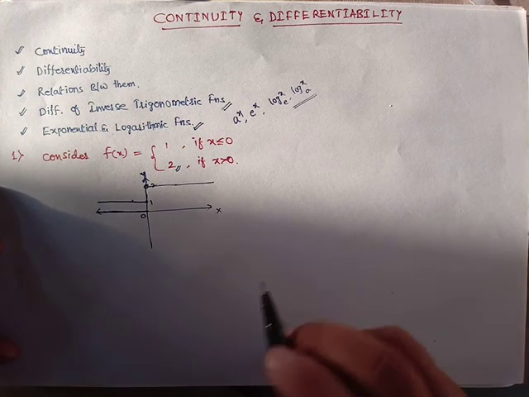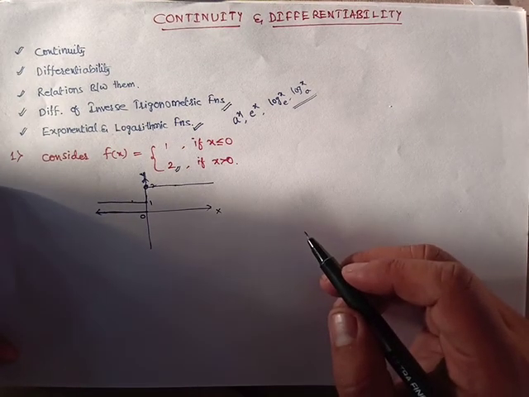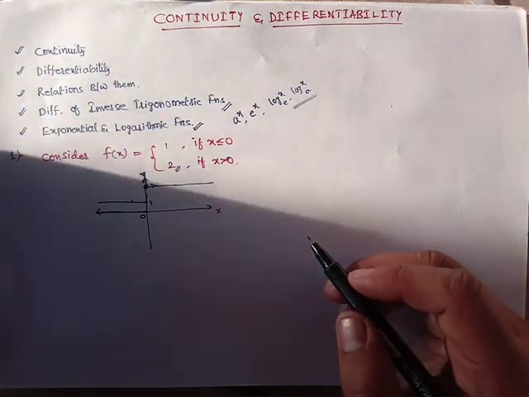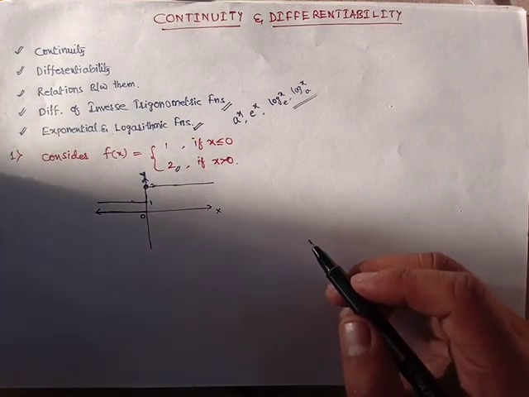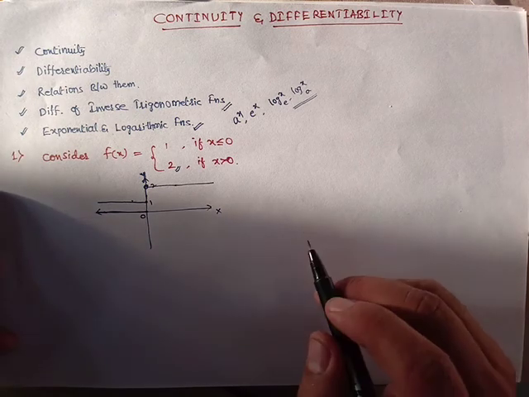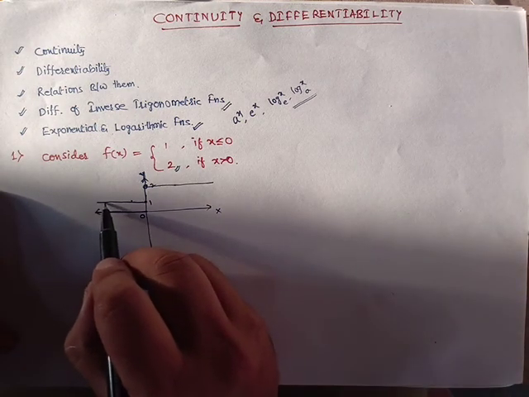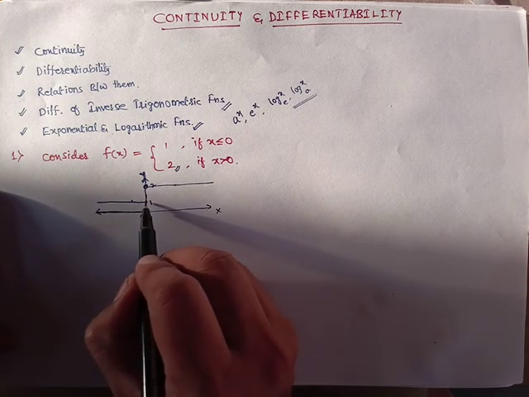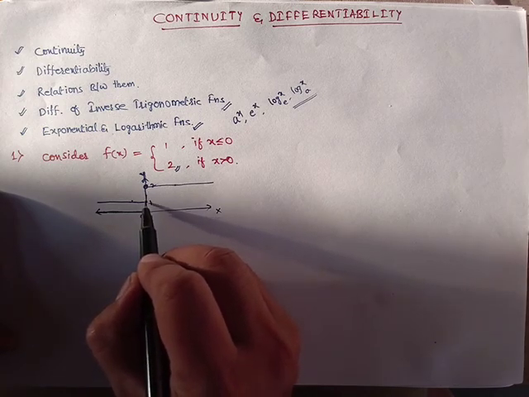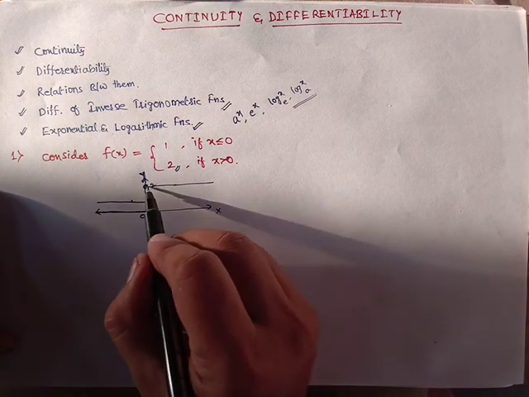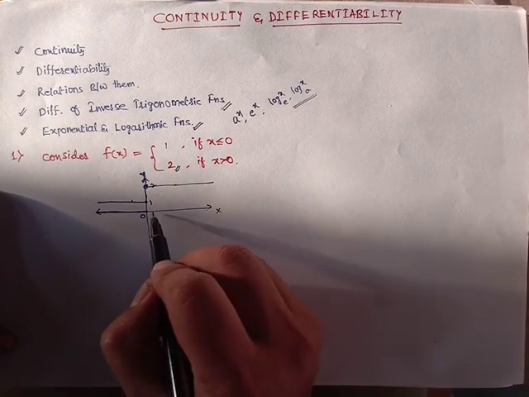Now after completion of the graph, we will check continuity, whether we are able to draw the graph in one stroke, that is, without lifting the pen. If I'm drawing until x less than or equal to 0, I can draw the 1, but at x equals 0, I need to lift my pen, and continue the graph for x greater than 0.